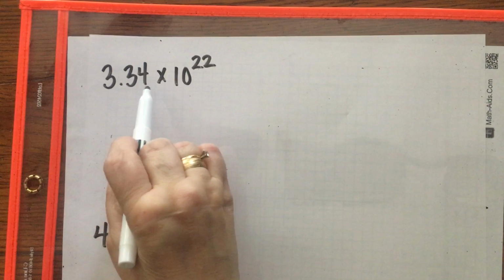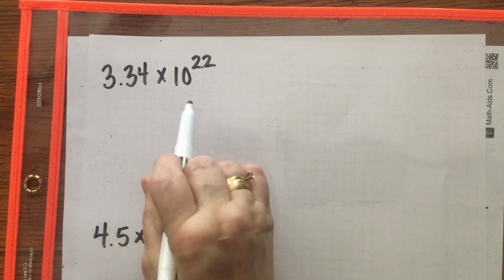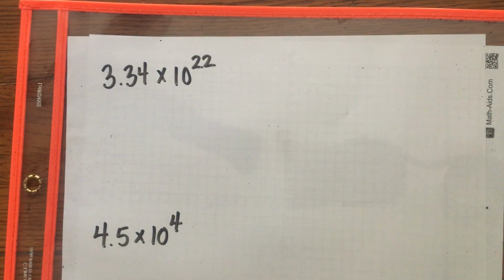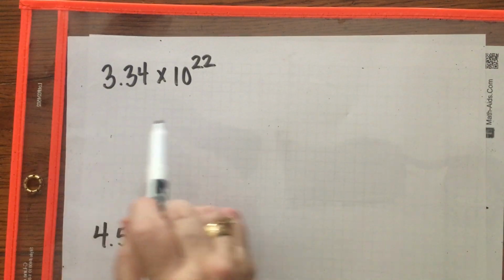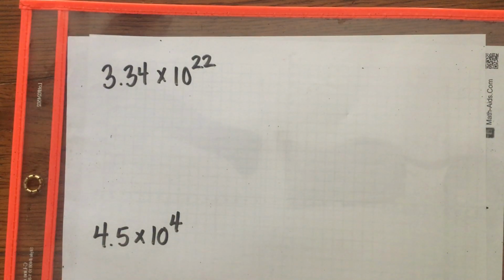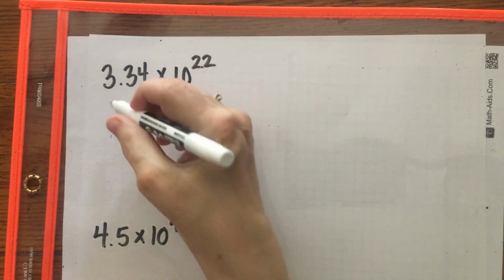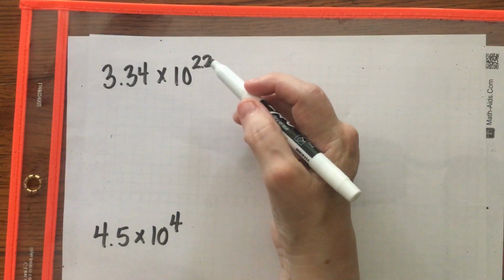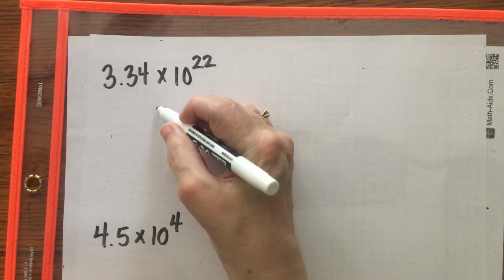We have 3.34 times 10 to the power of 22. And for this one, this is how many water molecules are in a gram of water. Okay, yes, somebody actually did that. So I want to start kind of down here because if there's 22, there's going to be quite a bit of stuff going on here.